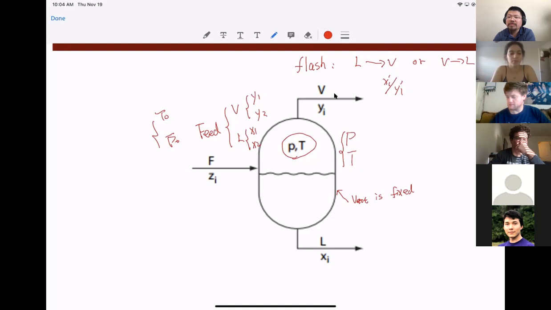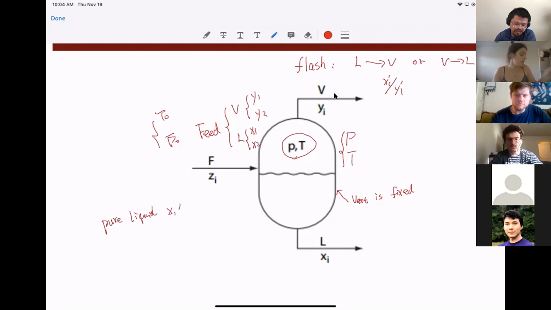And you may think of some other cases, say, I do have a mixture, liquid and vapor. However, I try to have a simplified case. I start with a pure liquid, which is X1 and X2 at T naught, P naught.